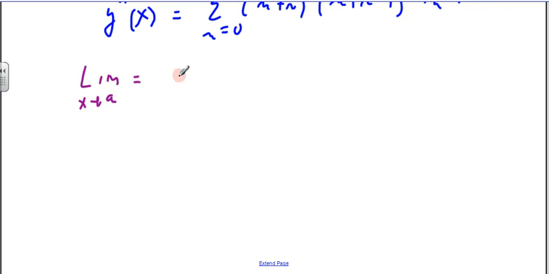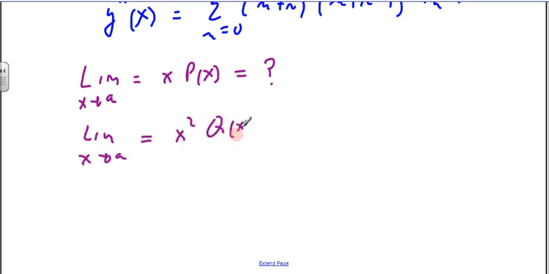We'll call that limit p(x) equal to something, and the limit as x goes to a of x squared q(x) is equal to something. In this particular case, we're going to assume the singular point is around 0, so we call this p0(x) and this q0(x), whatever that number is.